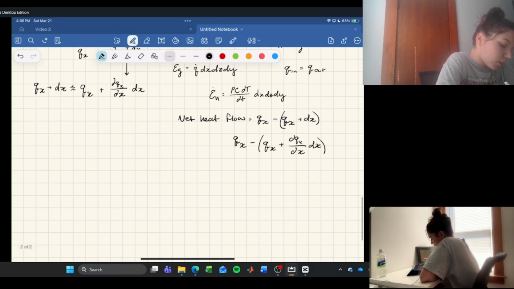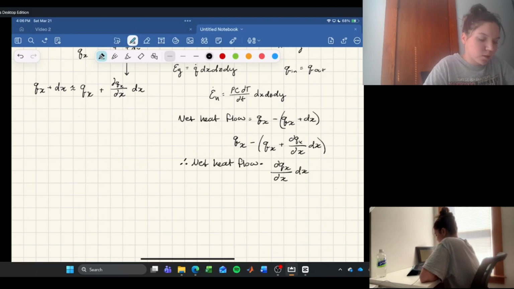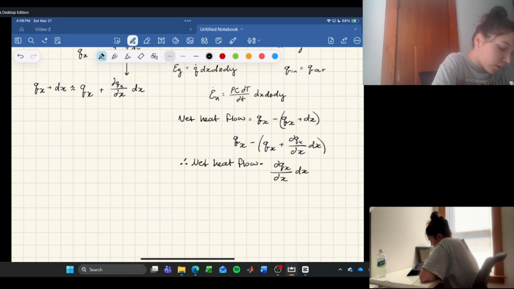And then we just get that the net heat flow is equal to the change in heat flow on the x-axis over the change in position, with respect to dx. And this should be a negative. Oops.